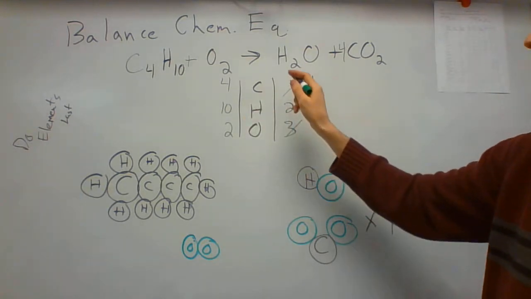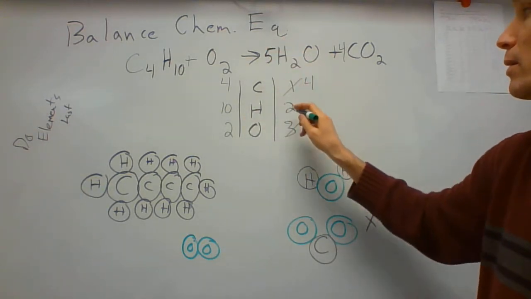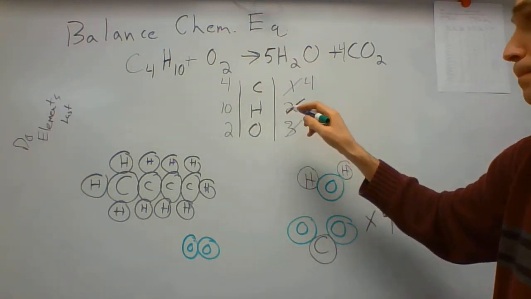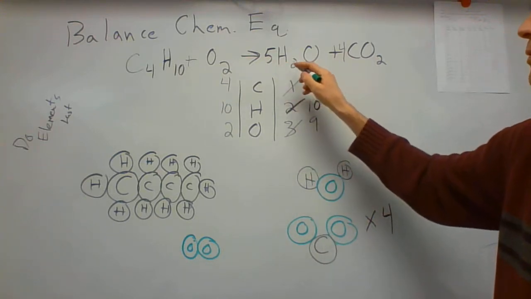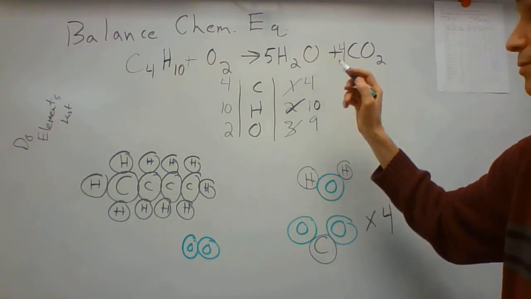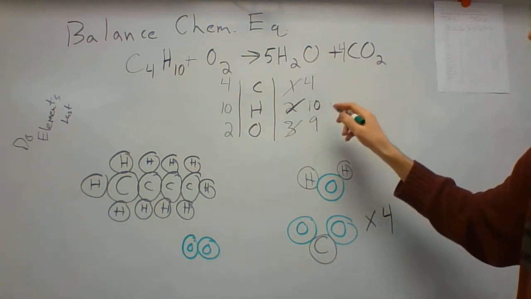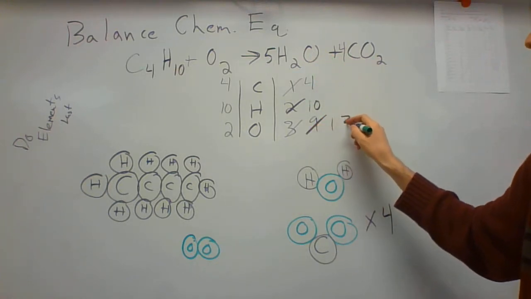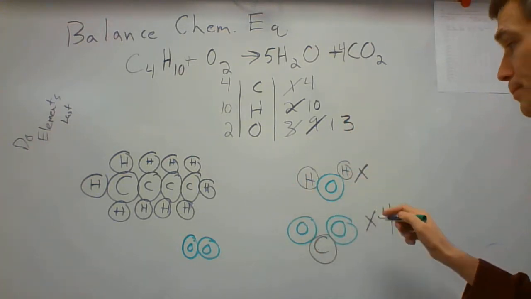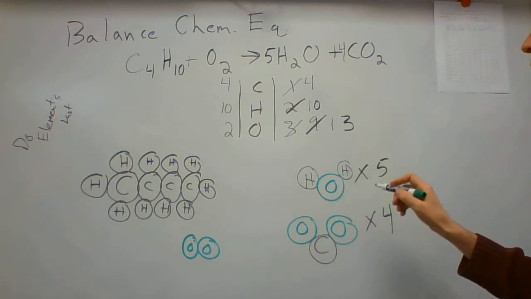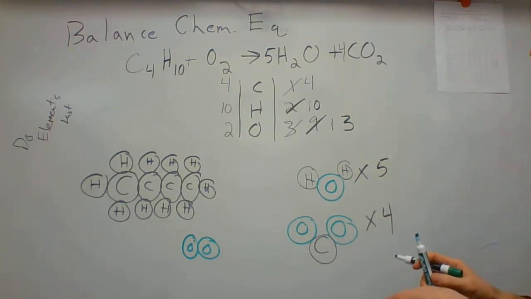I've got 2 and 5, so I want a 5 here. That's going to give me 10. 5 times 1 is 5, plus 8 is 13. All right, so then I'd need 5 of these.